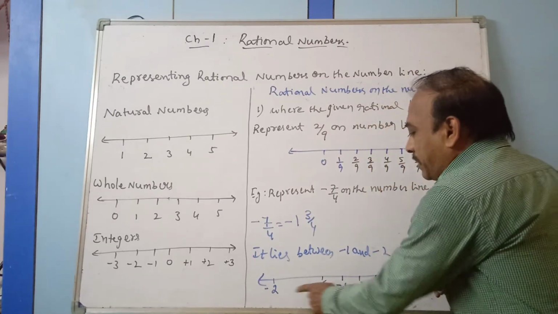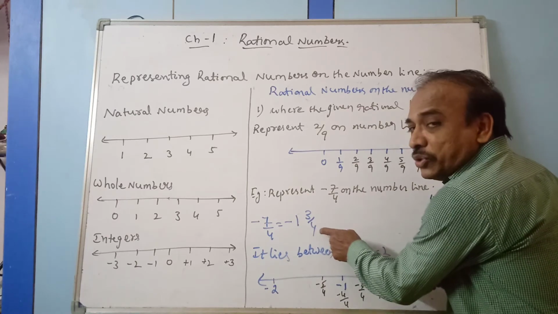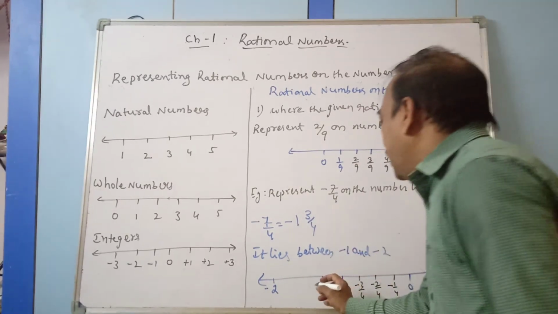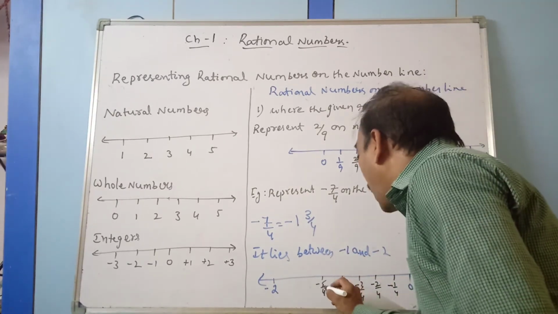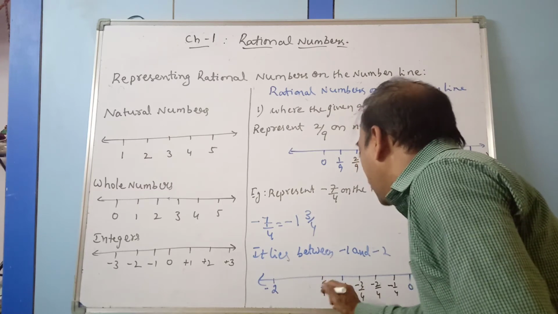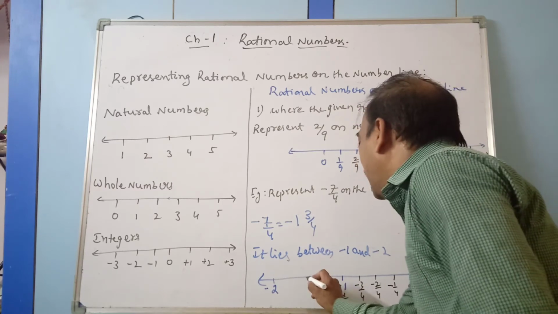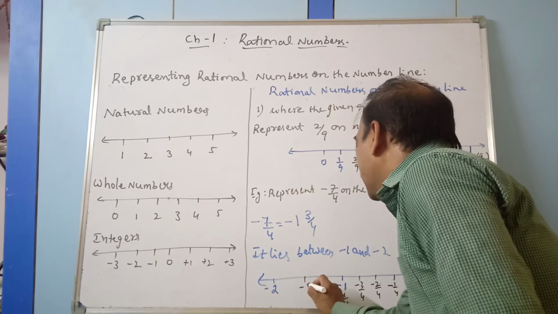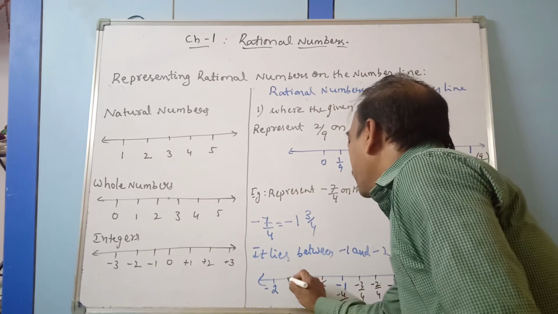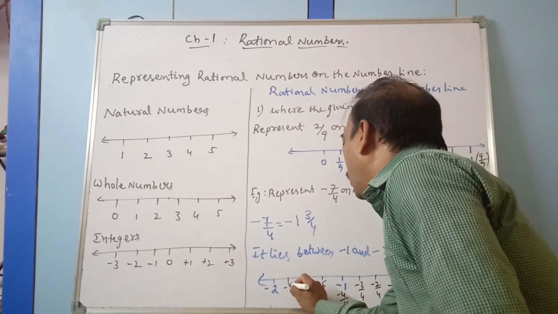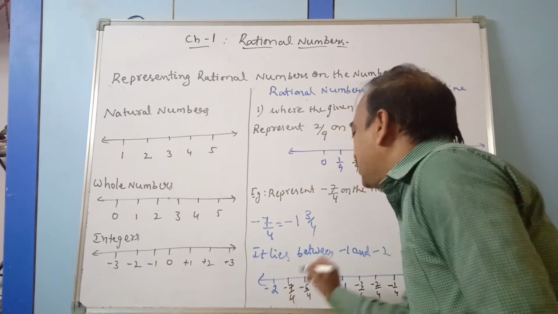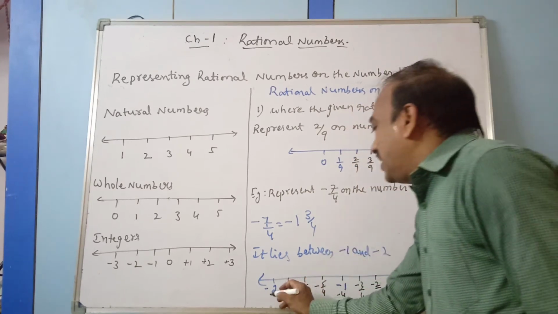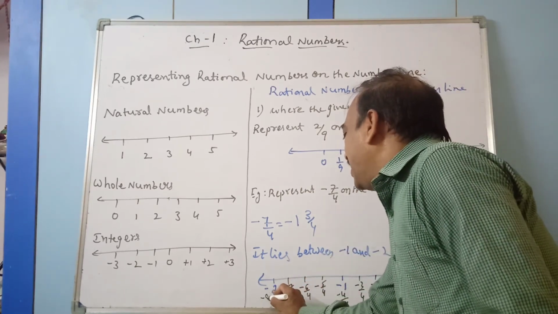Between minus 1 and minus 2, how many equal divisions do you have to do? 4 equal divisions. This is minus 5 by 4. Next, minus 6 by 4. Next, minus 7 by 4. You see here, minus 7 by 4. And minus 2 is nothing but minus 8 by 4.